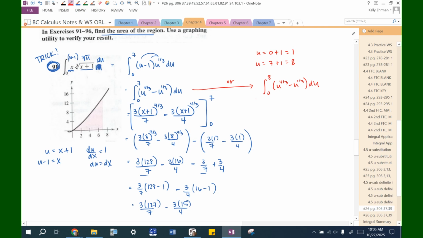I would get the same antiderivative, except I would get 3u to the 7/3 over 7 minus 3u to the 4/3 over 4. And I'd be going from, oh, sorry, not 0, from 1 to 8. And then I would get to the same place and carry on the same way.